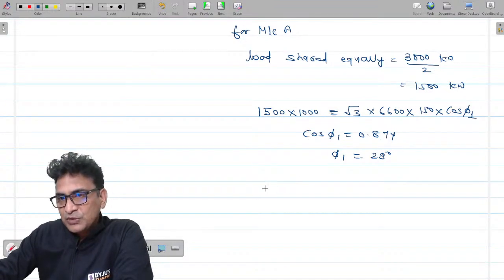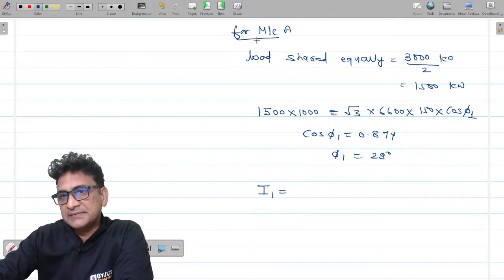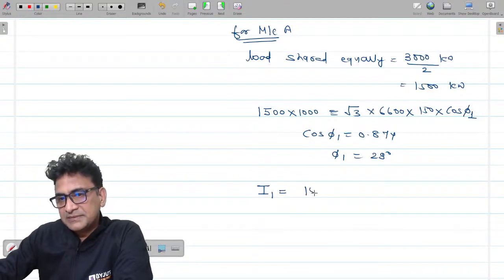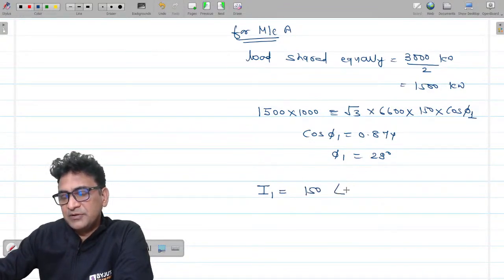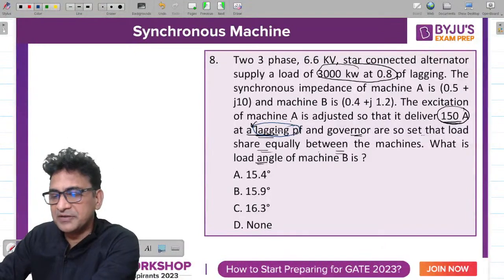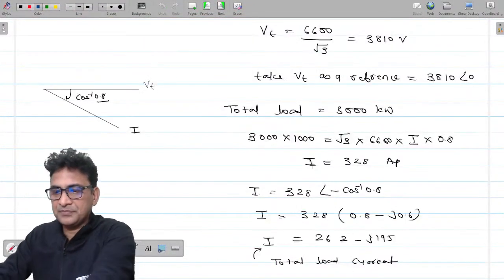So what is the current given by machine A? I1. Magnitude was 150 ampere, but angle you got is minus 29 degree because it is a lagging power factor. It is given as lagging power factor, but the magnitude of power factor was not given. Okay.